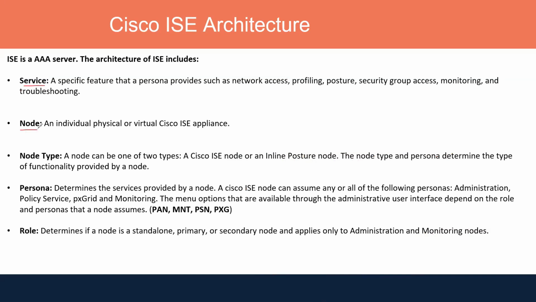Now I would move to the next term, which is called node. What is the meaning of node? An individual physical or virtual Cisco ISE appliance is known as a node.